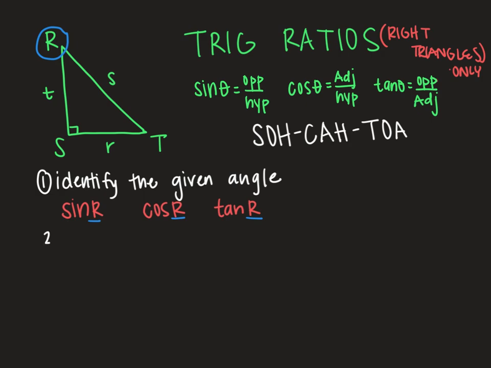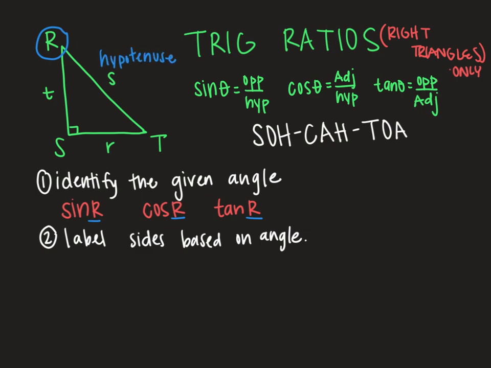Now the second thing you're going to do is label the sides based on your angle. This is very important because if you label the sides based on a different angle, you will get completely different answers. First off, you all know that the biggest side, or the side across from the right angle, is always the hypotenuse. This side will never change, okay? Always going to be the hypotenuse.